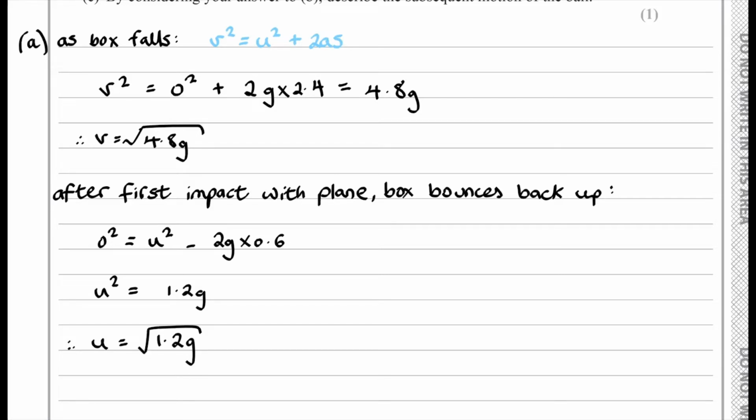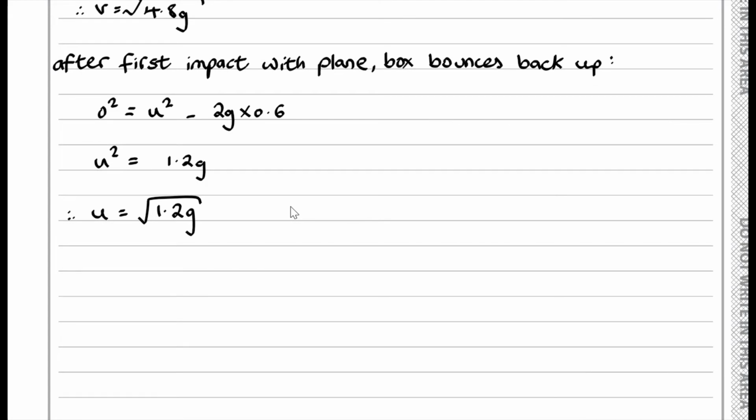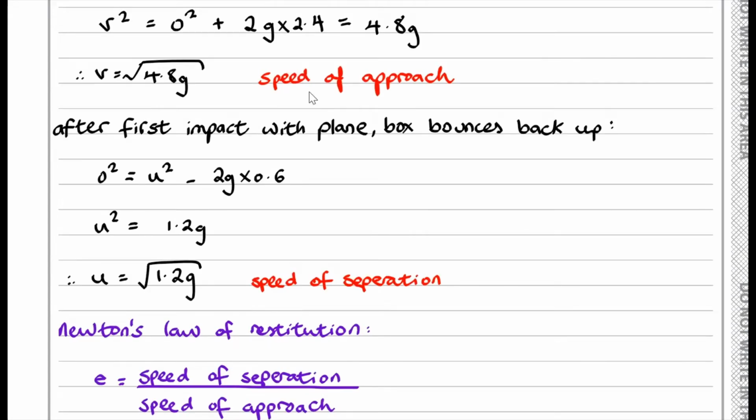And now for this question we would have to use Newton's law of restitution. Let's just write down the definition of that. Just as a reminder, e is defined as the speed of separation over the speed of approach. We've got the speed of approach, that's the square root of 4.8g, and the speed of separation, that's the square root of 1.2g.